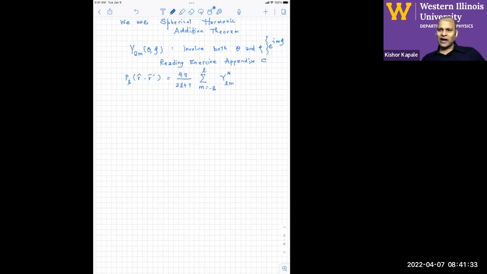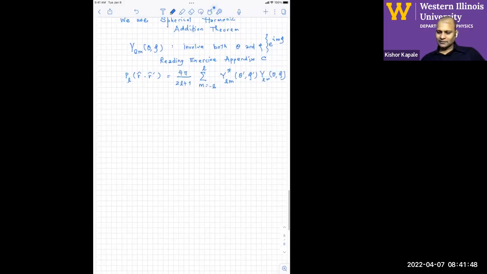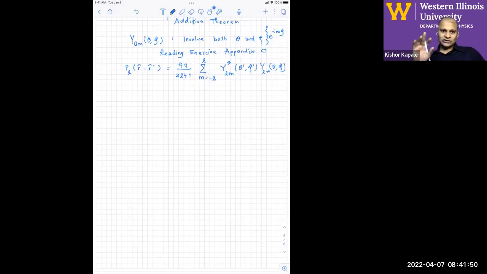So you don't have just Y_lm because that would be complex. So you have Y_lm star of theta prime, phi prime, and then you have Y_lm of theta, phi. We have both of those coming in. One is the star, the other one is not.